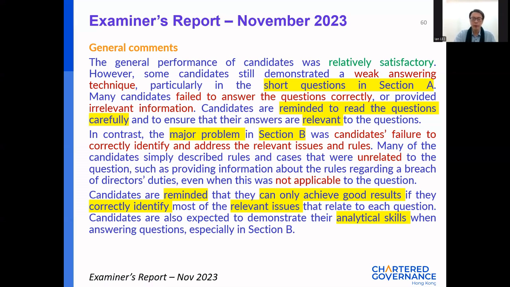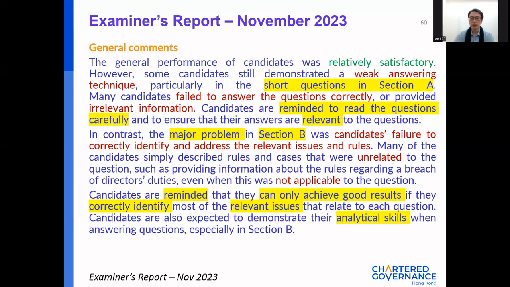June 2024, many just copy out the story and copy out the question. For November 2023, some of the candidates try to explain some rules or cases, but they are not relevant to the question.